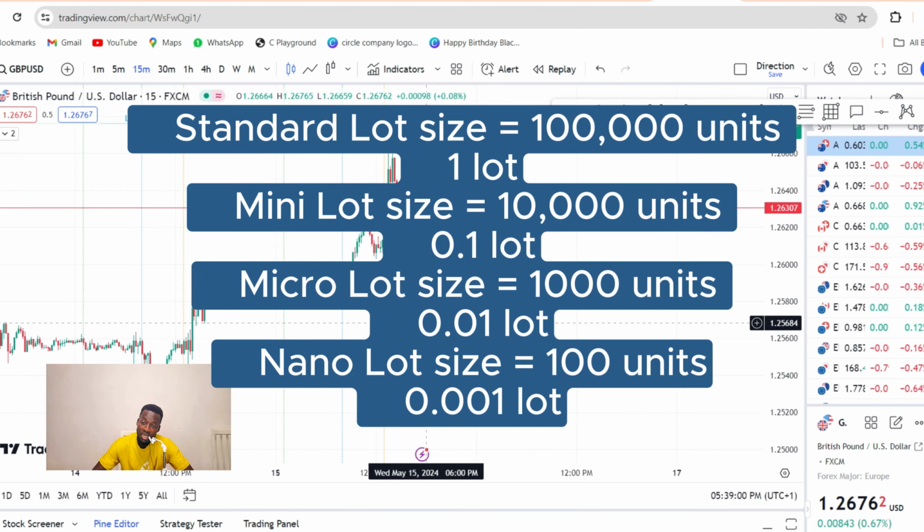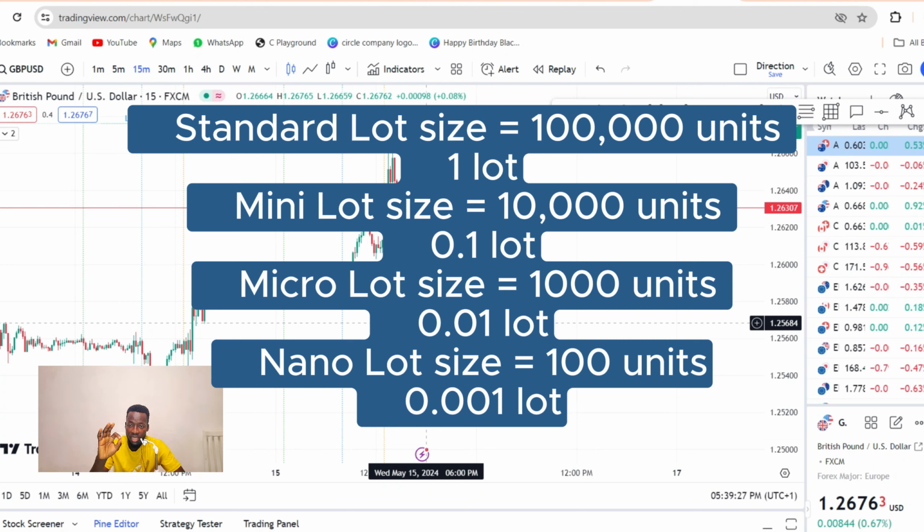The standard lot size is 100,000 units of the base currency, the mini lot size is 10,000 units, the micro lot size is 1,000 units, and the nano lot size is 100 units of the base currency.